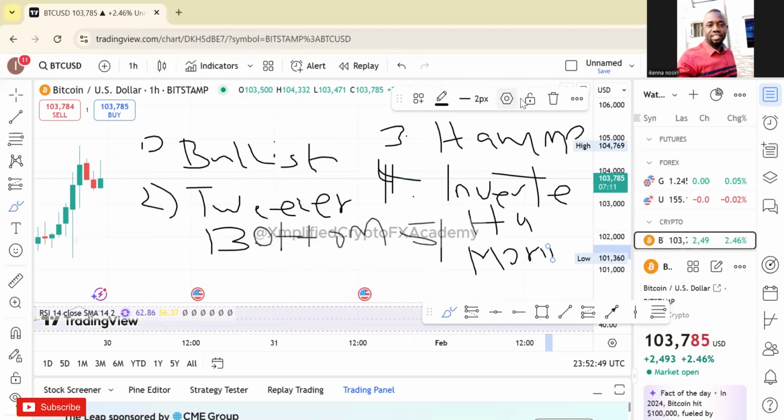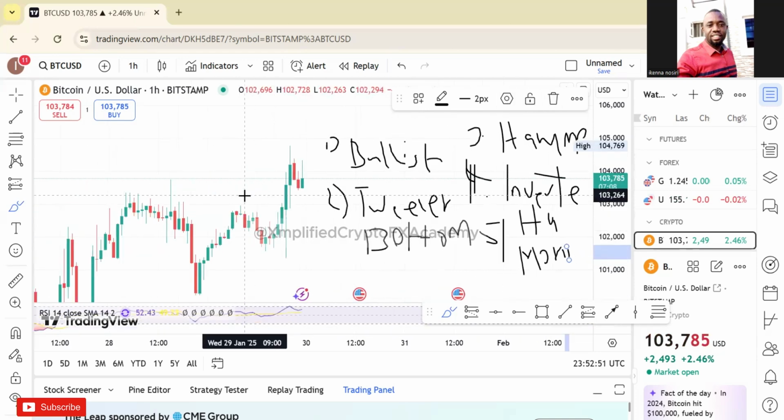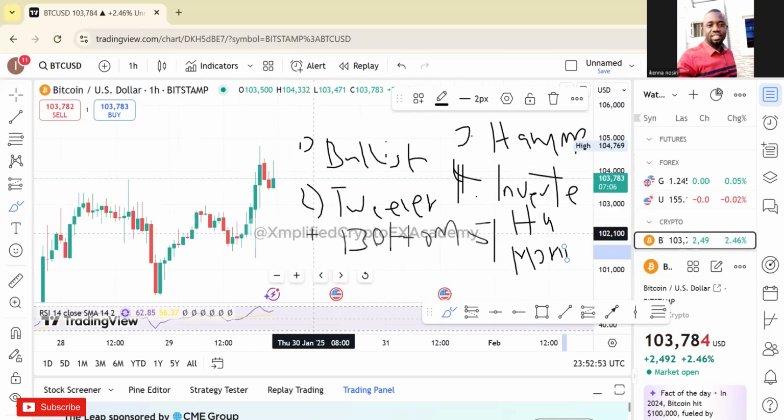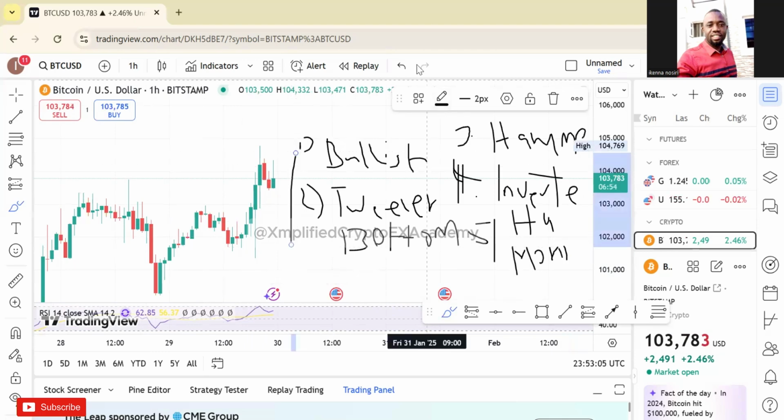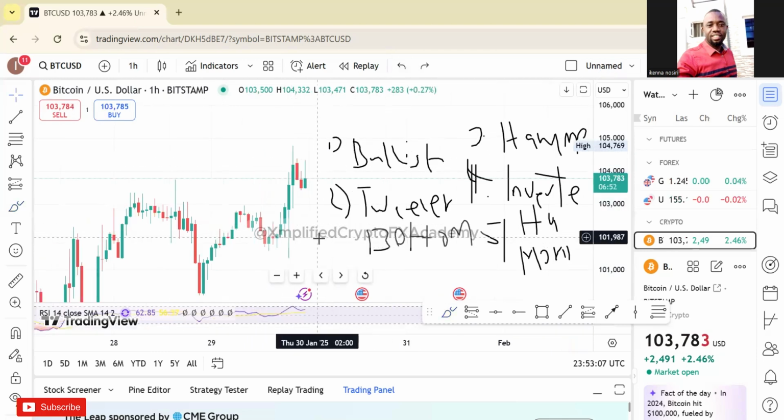Morning star. So let's just focus on these five for now, and use it to see if you can observe it in this live trade.